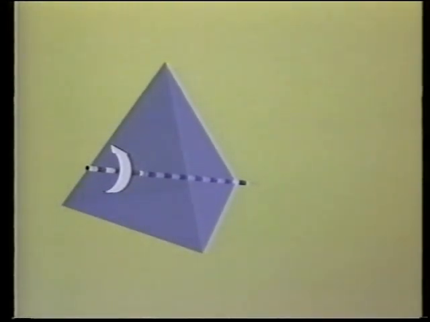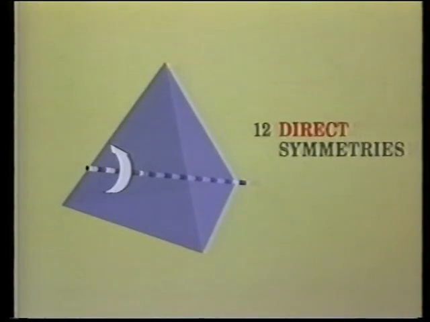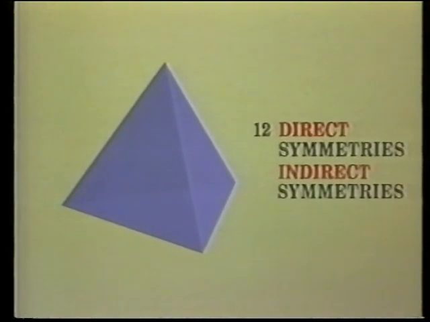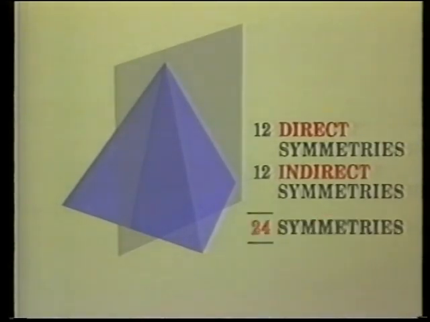Well, this gives all 12 direct symmetries of the tetrahedron. And then there are indirect symmetries, such as a reflection in this plane. And I get all 12 indirect symmetries by composing this reflection with each of the direct symmetries in turn. So the tetrahedron has 24 symmetries altogether.